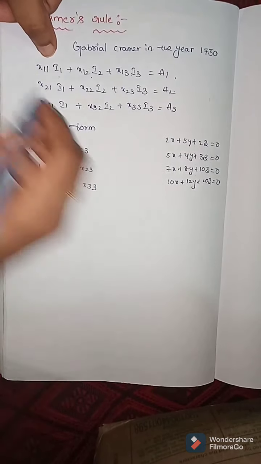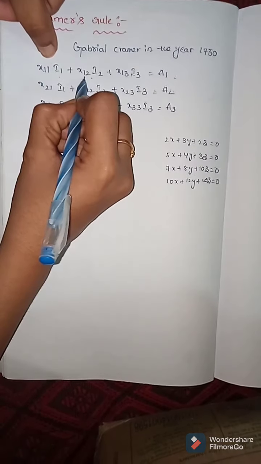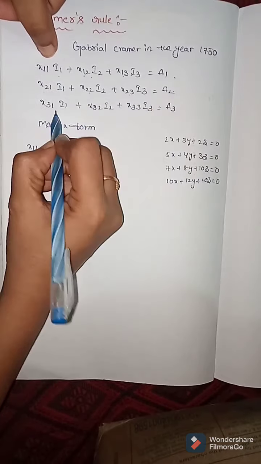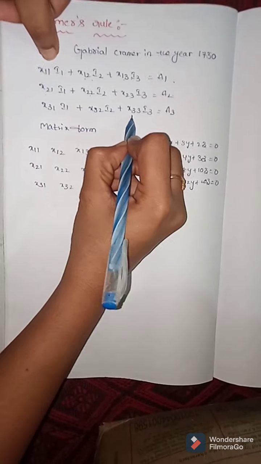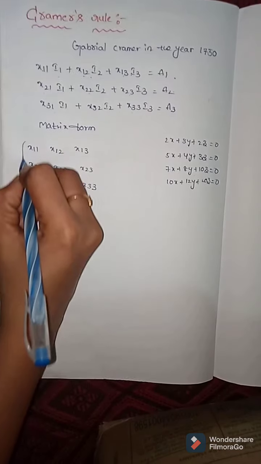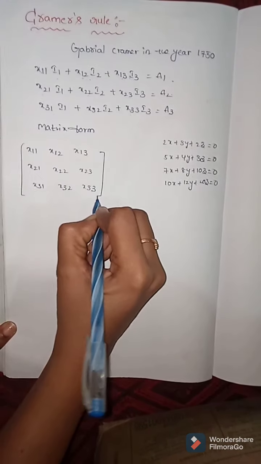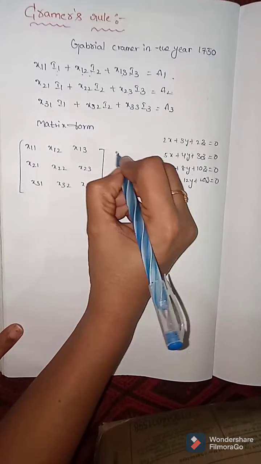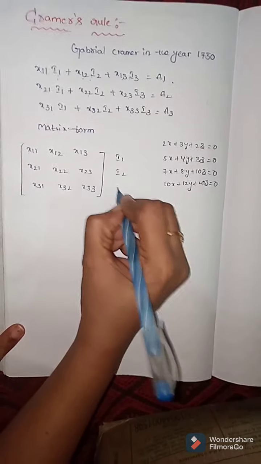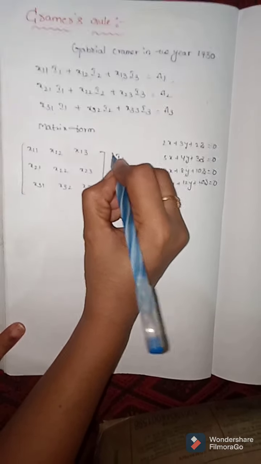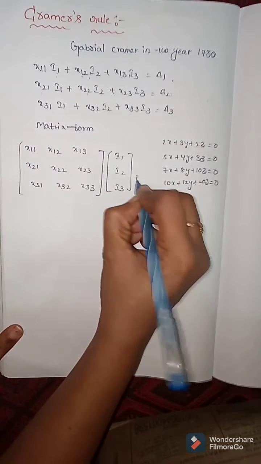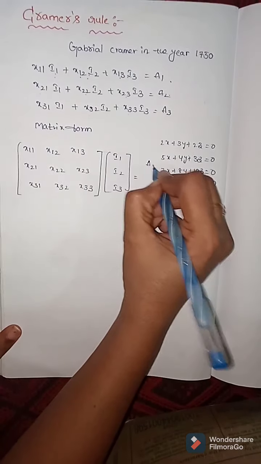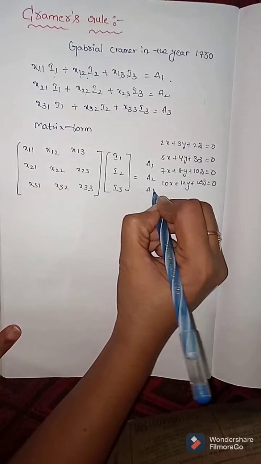We can observe these are the coefficients. And the unknown current coefficients I1, I2, I3, I can write here, I1, I2, I3 is equal to the constants A1, A2, A3.